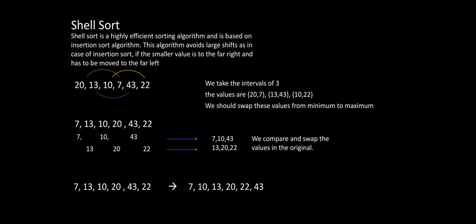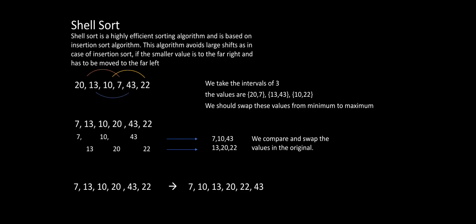So here we have a list or an array 20, 13, 10, 7, 43, 22. For example, we're gonna take intervals of 3. So we're gonna pair them: 20 with 7, 13 with 43, 10 with 22.